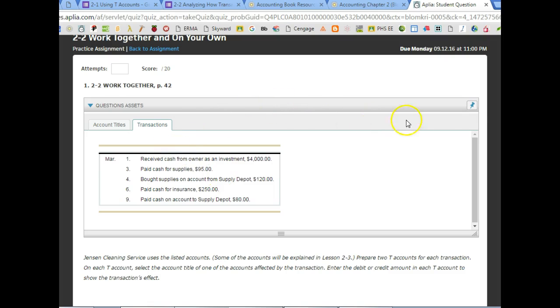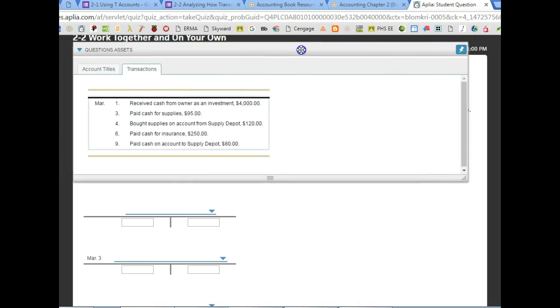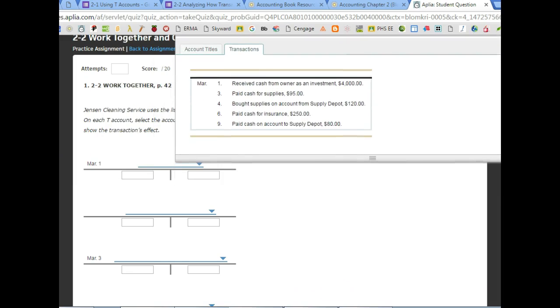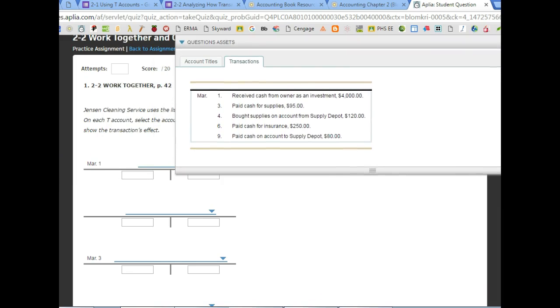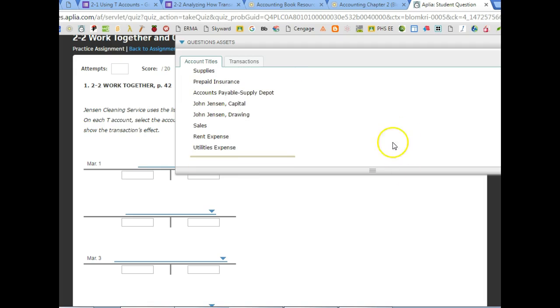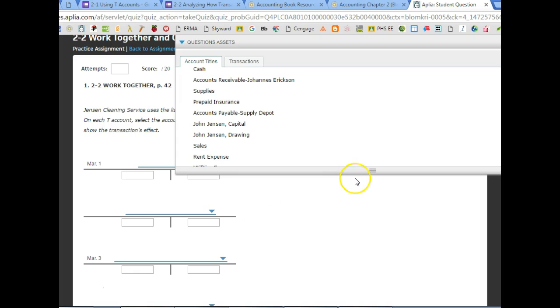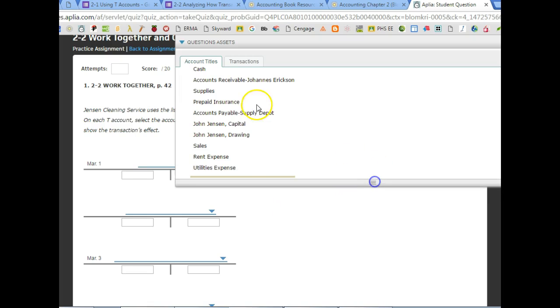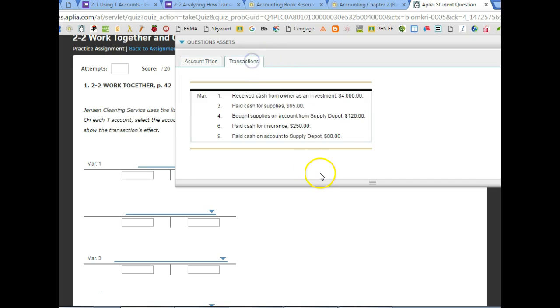One of the nice things that Aplia does for you is this little pin. So you can go ahead and pin or pull out your different information. So if you want to have your transactions up in front of you or your account titles up in front of you, then you can manage in that way. What I will tell you is that I like to have my account titles up and then read my transactions from the book.